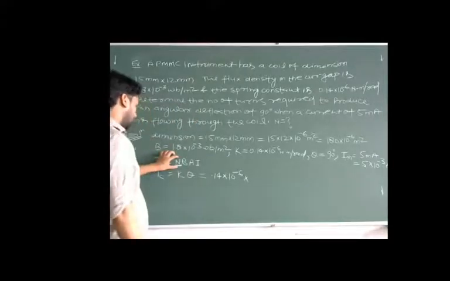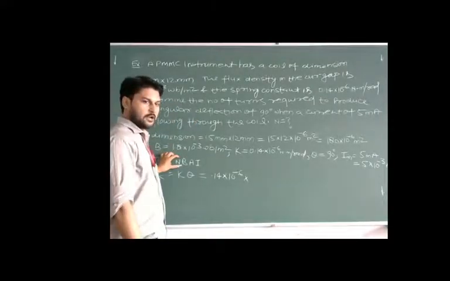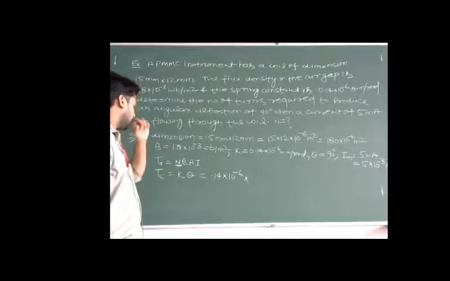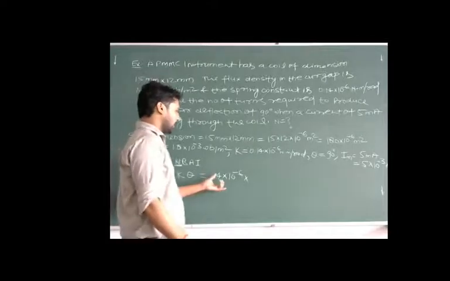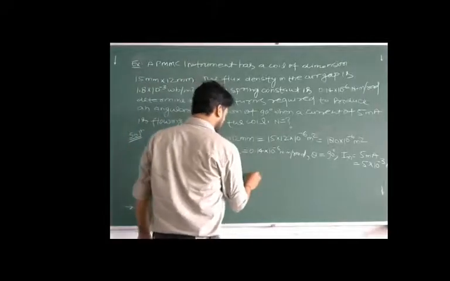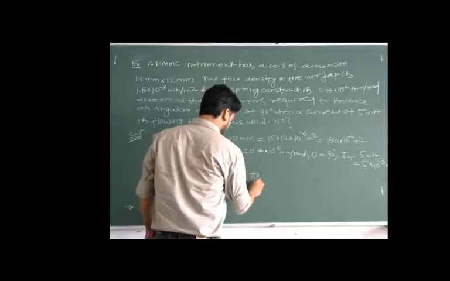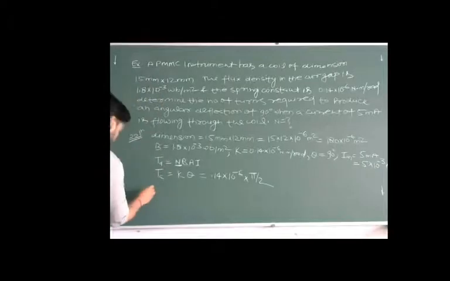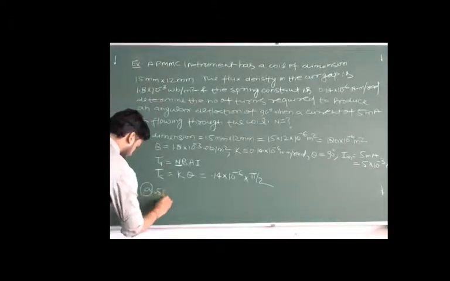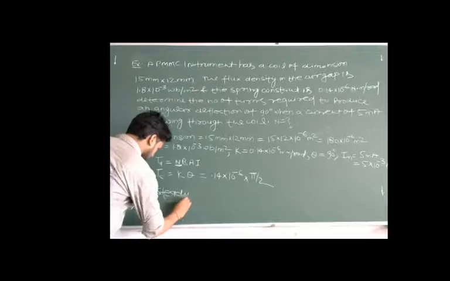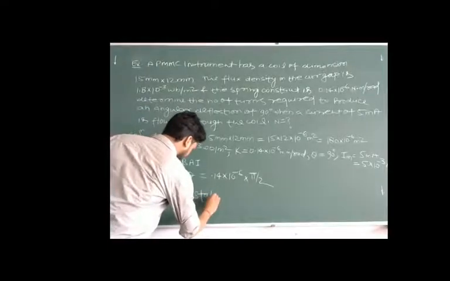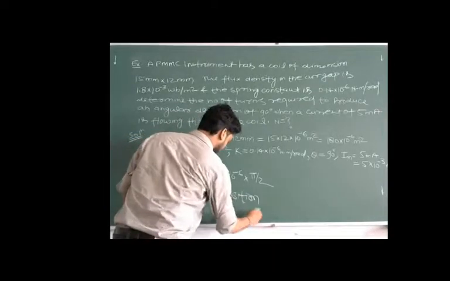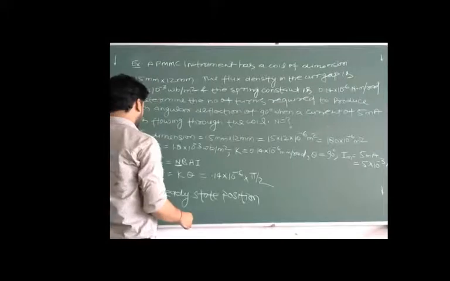Because we have to calculate the number of turns, we will put theta in radian. So theta is pi by 2 radian. At the steady state position, these two torques TD and TC are equal.